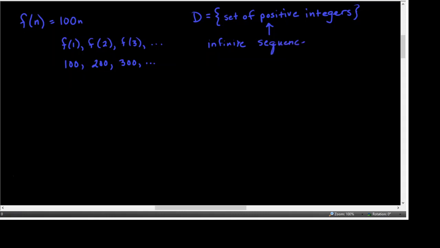A finite sequence, on the other hand, stops. So that domain would be 1 and 2 and 3 until you get to n and stop. That will give us a finite sequence. It doesn't go on forever. It stops as soon as you put n into the formula.